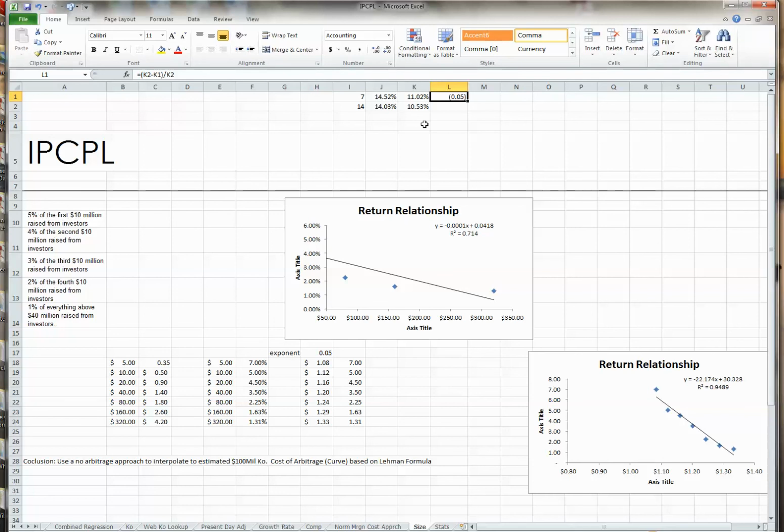The two companies apart are 5% less valuable than they are together, well within the Lehman formula of putting those two companies together. So the rate of change in our estimate with those two fixed points, even when we curve it, the highest rate of change is, of course, at that lowest point, but it still gives us a safety cushion on an implied arbitrage.